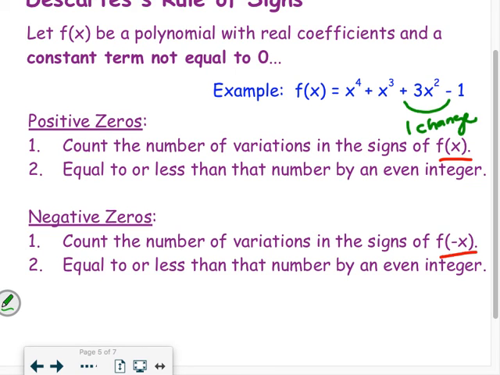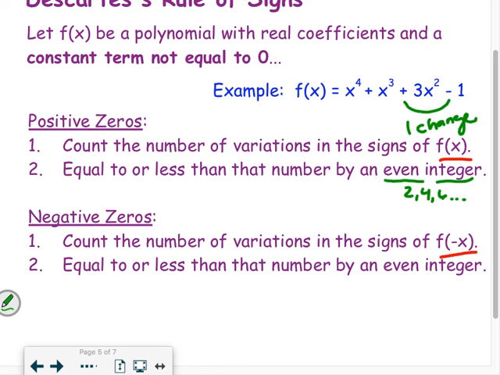That means that there is equal to that number or less than that number by an even integer. What is an even integer? Give me an example. 2. You could also do 4, 6, and so on.